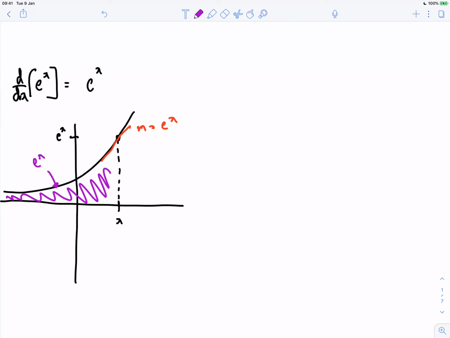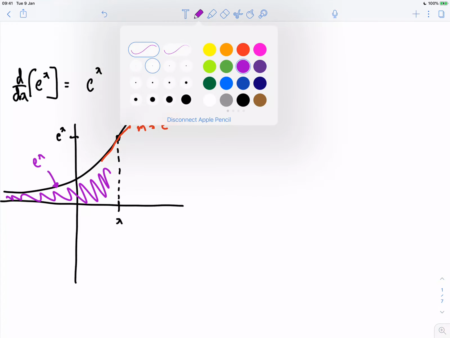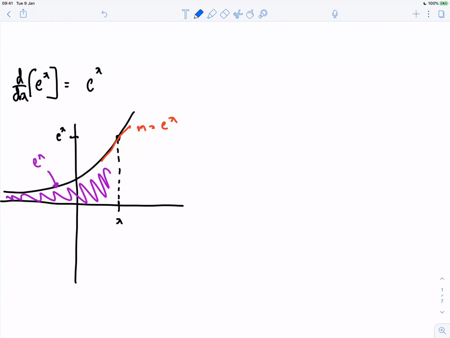It's everywhere. But let's suppose that we didn't know that and we want to define this. So we've got e to the x. To differentiate that from first principles, then we want the limit as h tends to 0 of e to the x plus h, because that's what f of x plus h is, minus e to the x, and this is all over h.